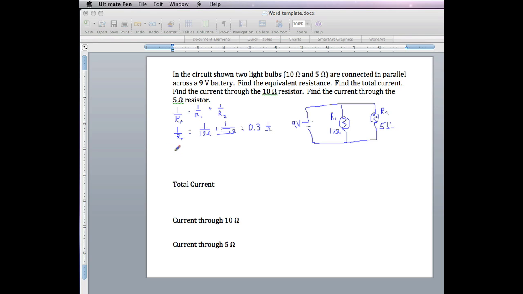So to find R sub P, we have to take the reciprocal of our answer.